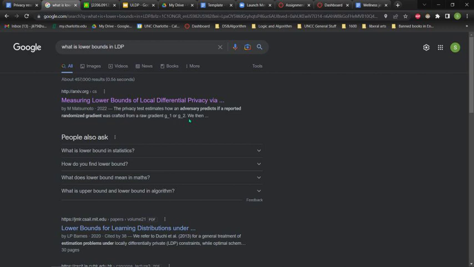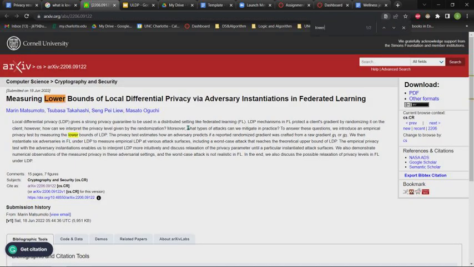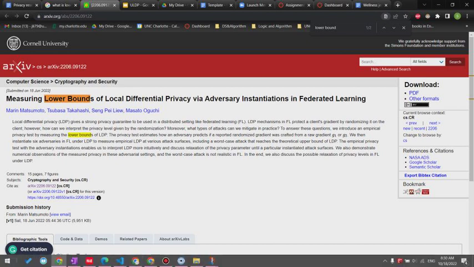How an analyzer predicts if a reported randomized... Okay, I'm good.